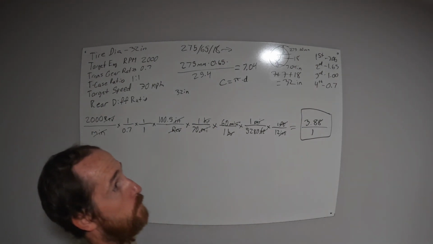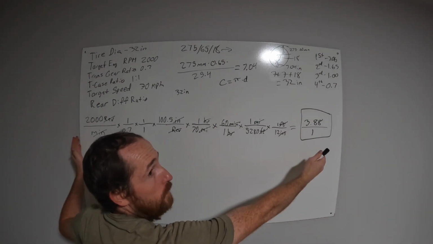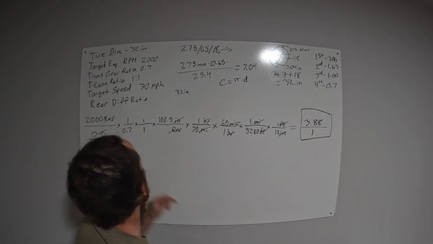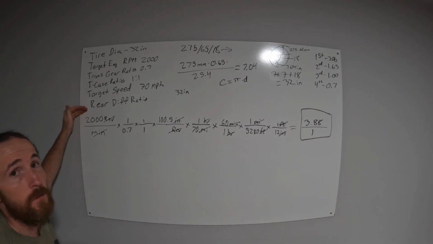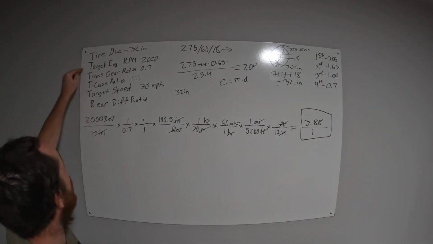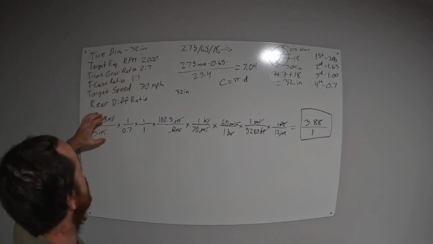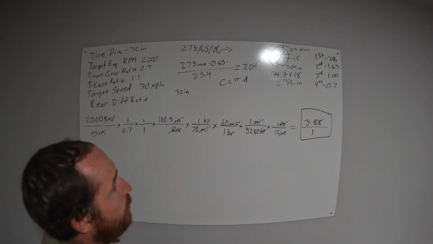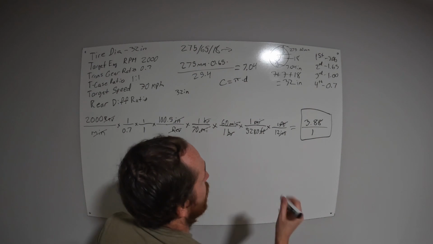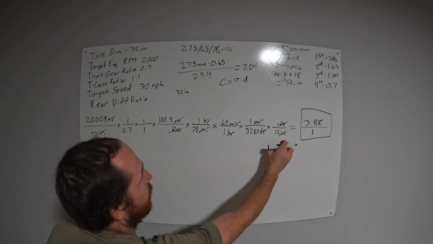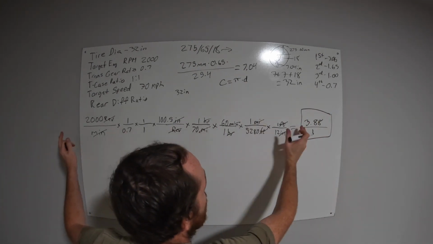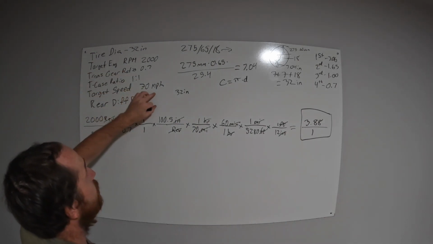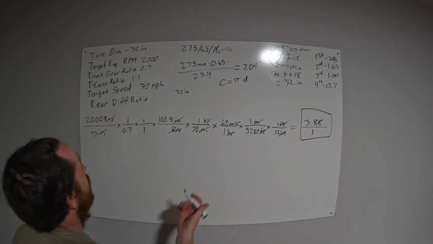Now, you can use this same equation and move things around and solve for any one of these things. If I want to know what my RPM is, I just take this 3.88 to 1 and, with simple algebra, I flip it and stick it in here. Let's do the same equation to figure out what the speed would be.